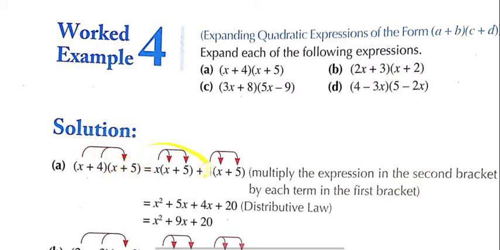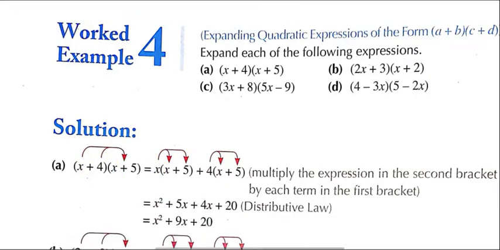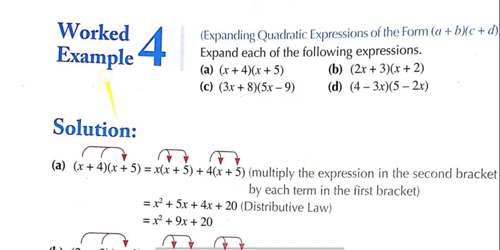So you can see x times (x plus 5). And then also the 4, you need to times with them also. And then you solve one by one. So this one will become x squared plus 5x. This one will become 4x plus 20. And then there you go.